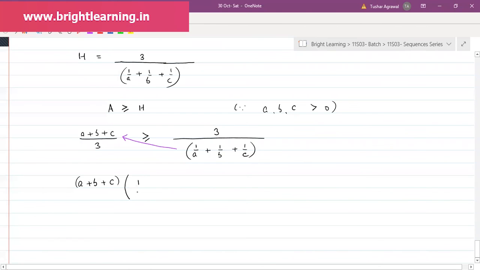If that variable would have been a negative number, then the sign would have changed. So this is greater than or equal to 9. Proved. That's what was our result. Got it? Yes, sir. Okay.